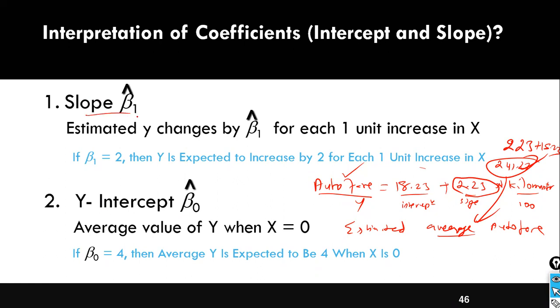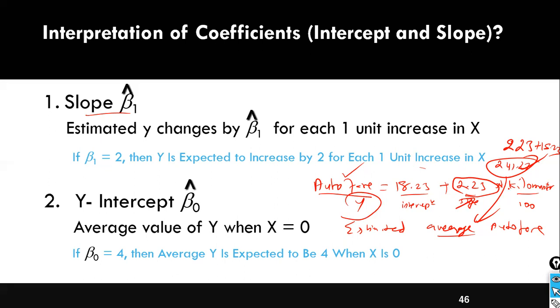With this, we can find that if the slope is 2.23, then when the kilometer increases by 1 unit, or there is a 1 kilometer increase, the auto fare increases by 2.23 rupees.